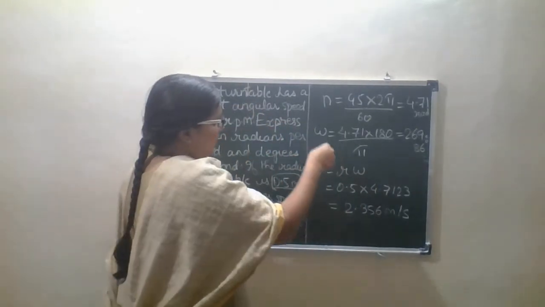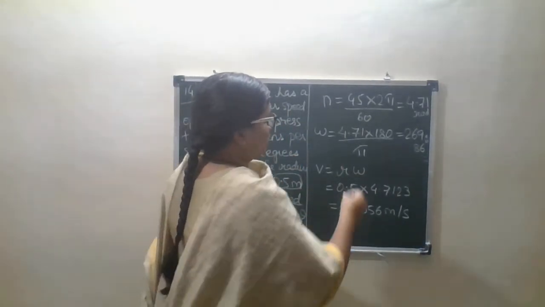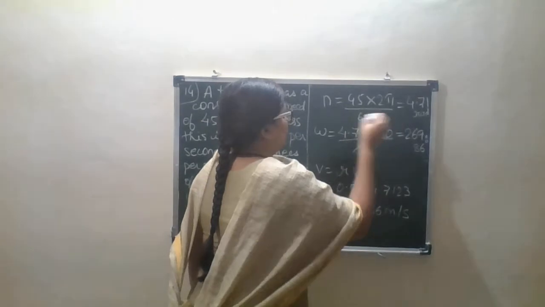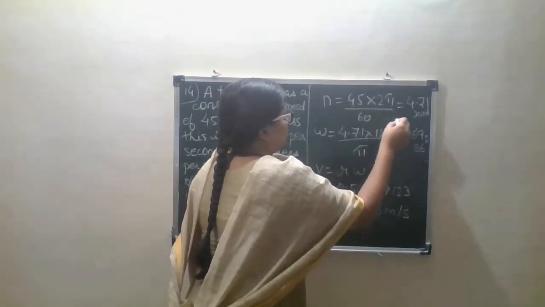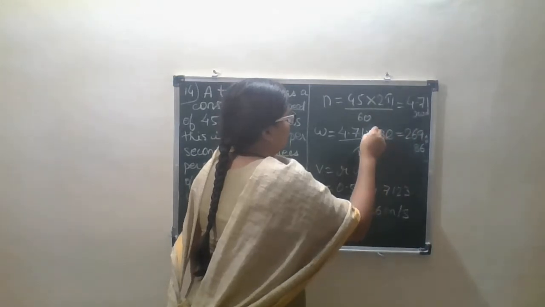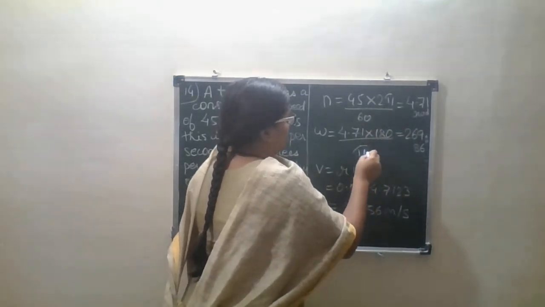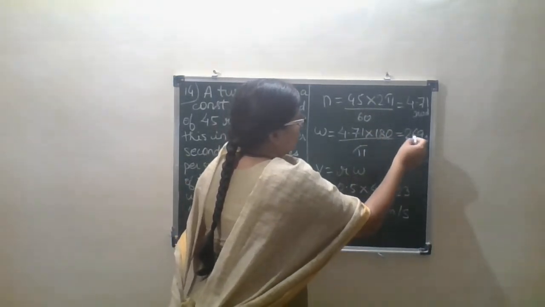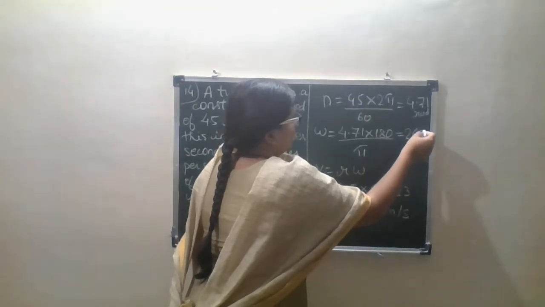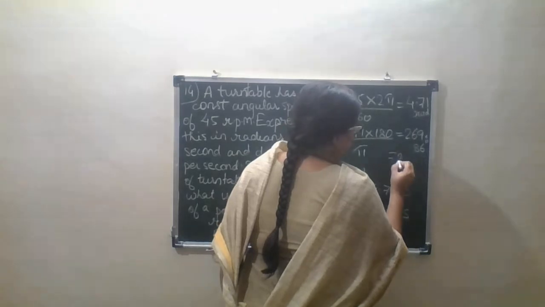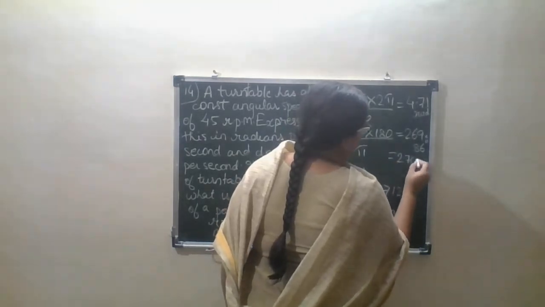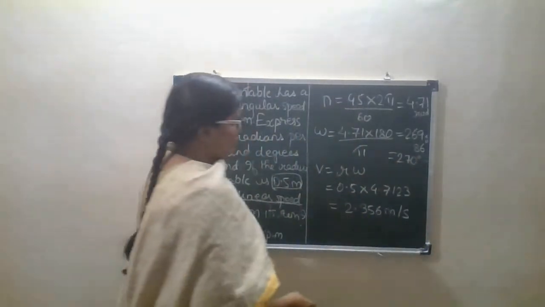Omega is 4.71 into 180 divided by pi, which is 269 degrees, approximately 270 degrees.